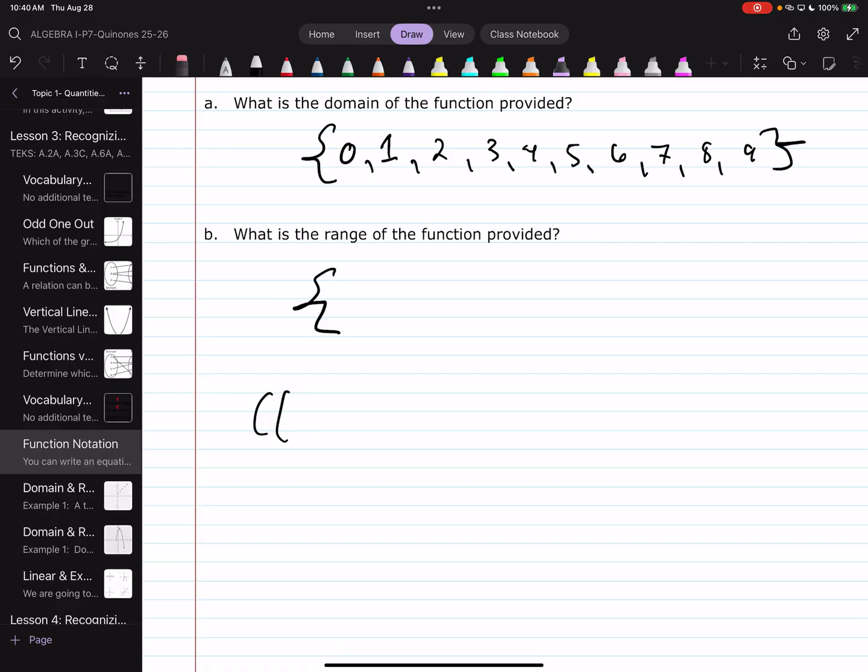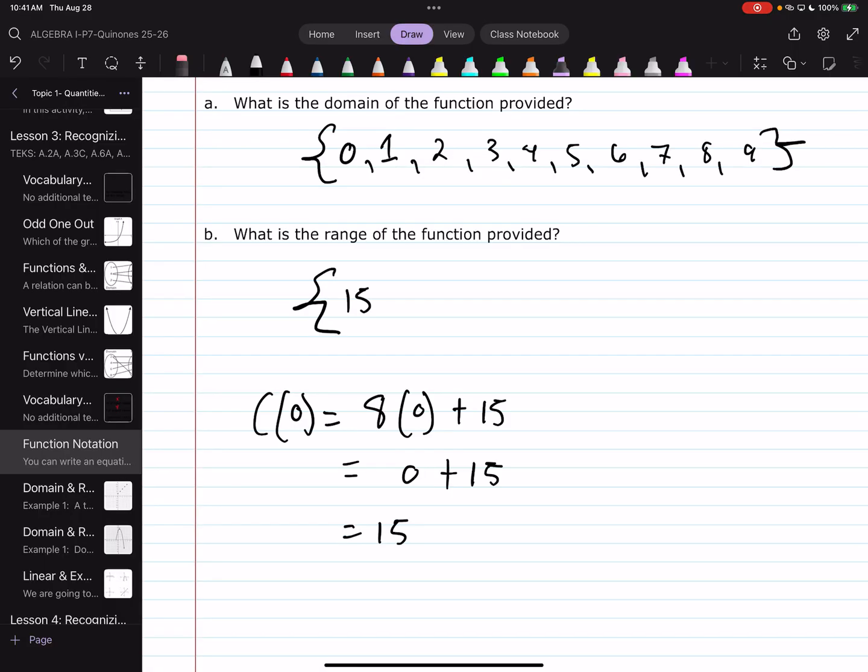The cost of 0 shirts will equal 8 times the amount of shirts sold plus 15. Well, what do we know 8 times 0 to be? Anything times 0 is just 0, plus 15. What's the cost if I sell 0 shirts? 15.